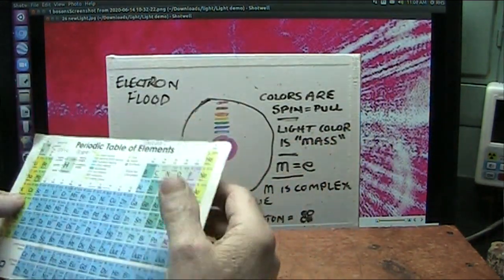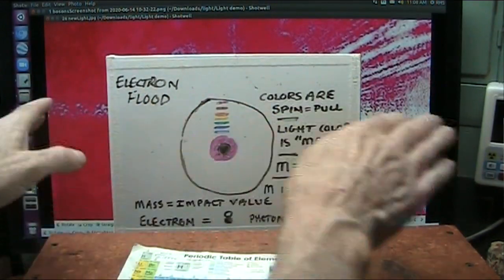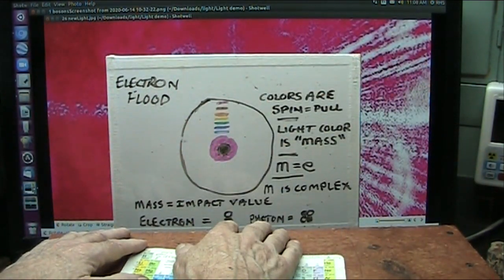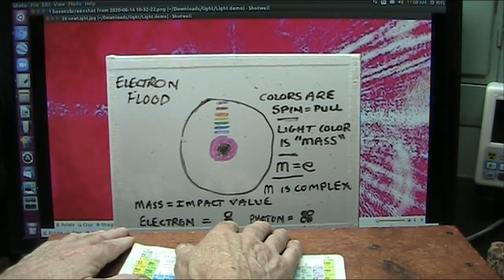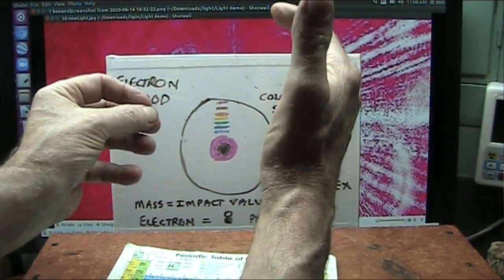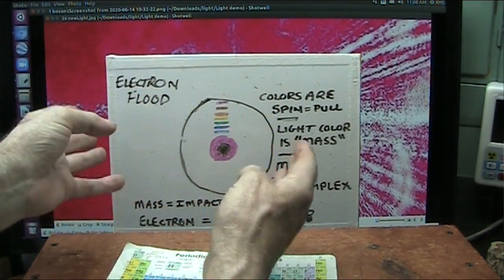It's very simple. It's total nonsense that light is just one continuous thing. And nobody's ever really come to a conclusion about the particle-wave duality of light, which is very simple. It's just like a magnet going through the air, and everything out in the air is magnetic, because it's also electron flooded.